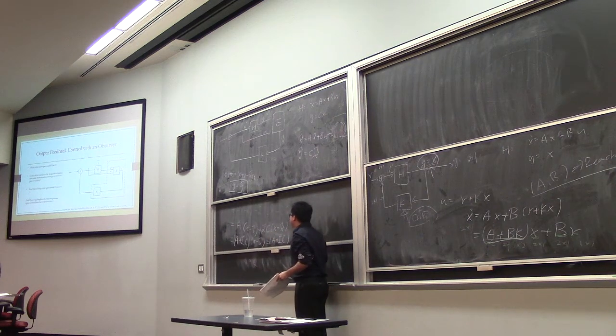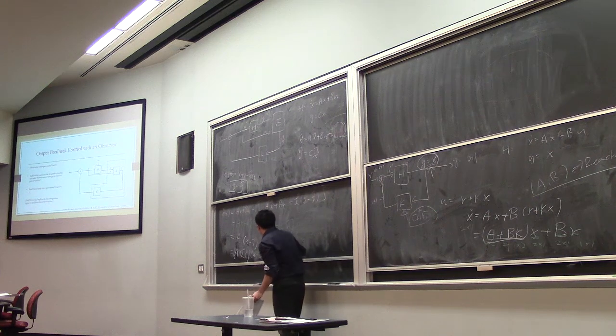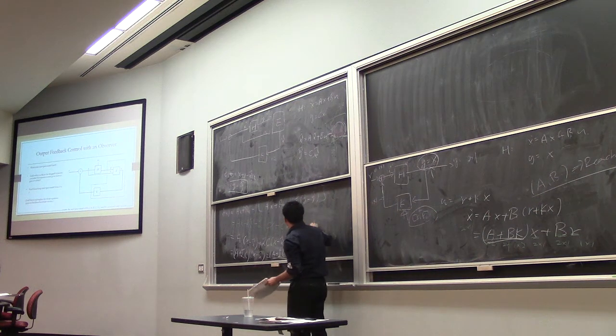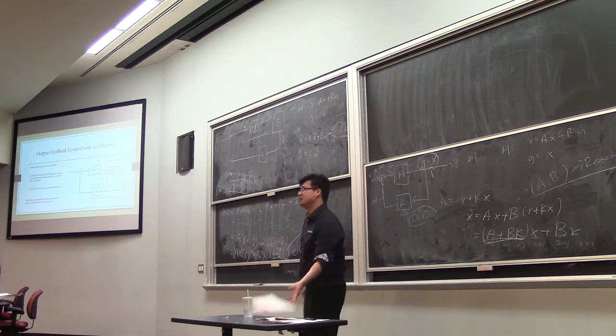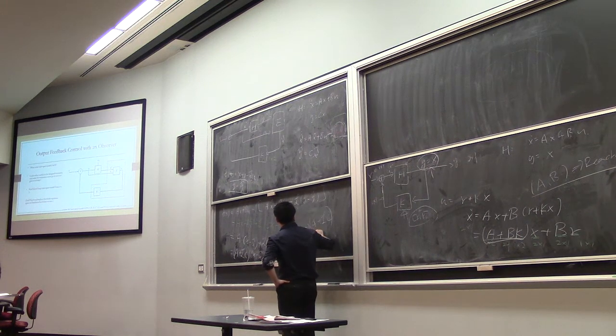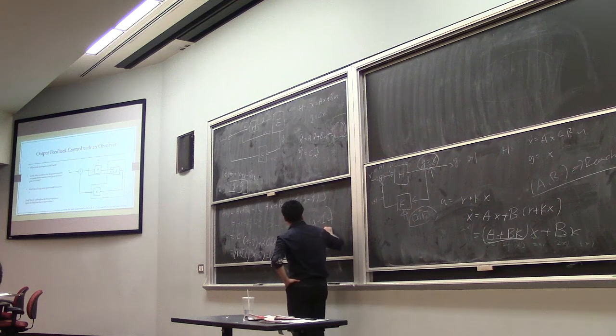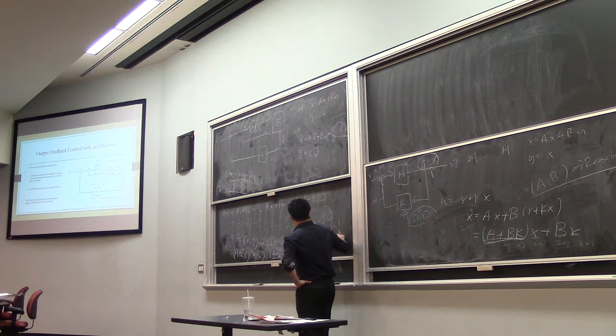Okay, so right now you wish the error converges to 0. You wish the whole matrix here, A plus LC, the eigenvalue for this one is what? It's converged, right? So if it's discrete time, then you wish the eigenvalue less than 1. If it's continuous time, you wish the eigenvalue real part is less than 0.